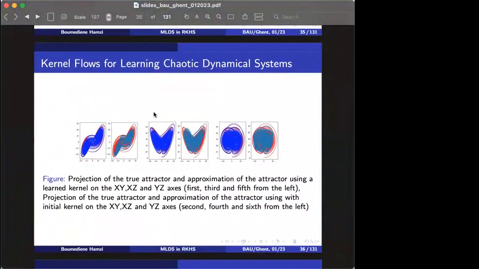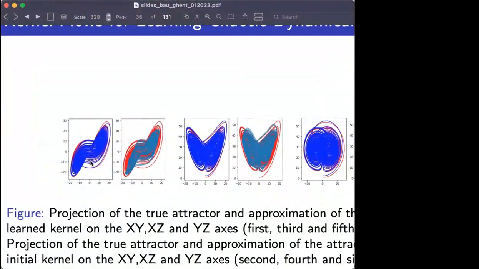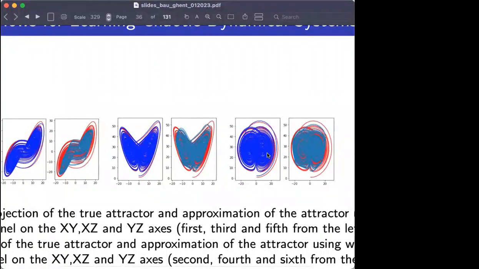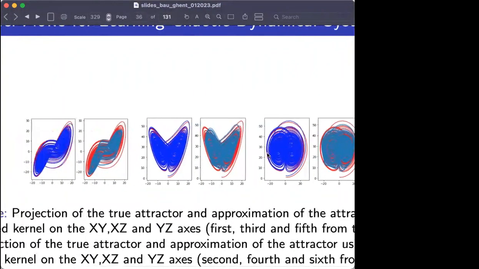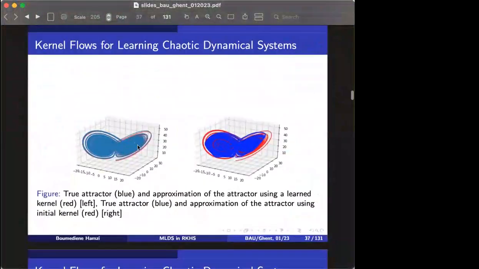Now, as I said, we are not only interested in short-term behavior, but we are also looking at long-term behavior. So here we also look at the reconstruction of the attractor and its projections. Here is the projection of the attractor on the x-axis, before and after training: xy, xz, and then yz, and that's the 3D attractor.